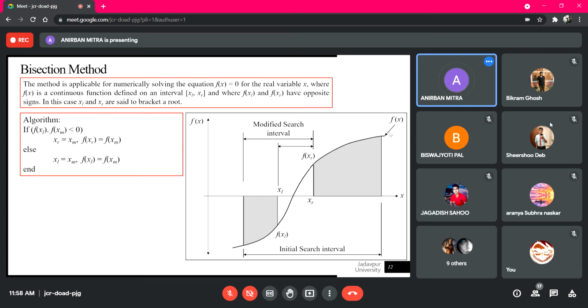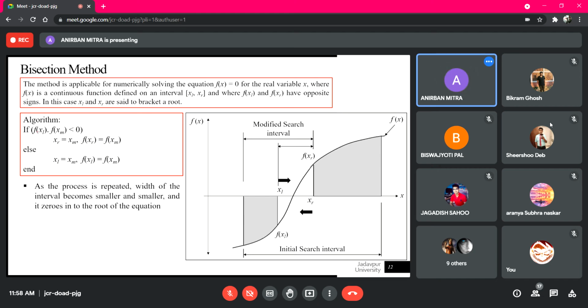This becomes the new search interval, and the process is repeated. As it is repeated, the width of the interval becomes smaller and smaller, and it approaches the root of the equation, zeroing in on the root from both sides, depending on which condition is satisfied.